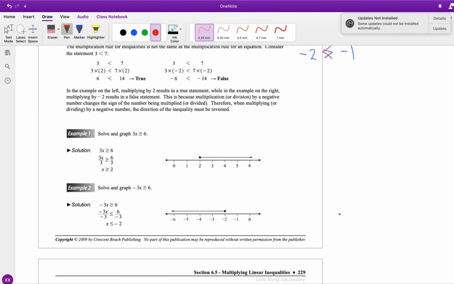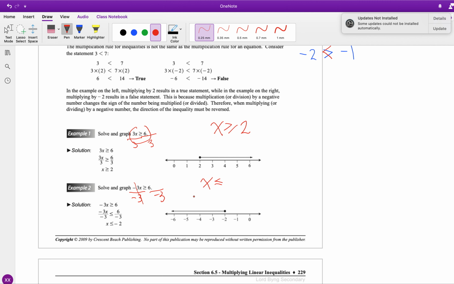So now let's take a look. What does this mean? For example, if you're solving for this one, we simply divide by 3 on both sides. Then x is larger or equal to 2. This is perfectly fine because you only divide by a positive number. Now take a look at this. If you divide by -3 on both sides, then this time you have to switch the sign.